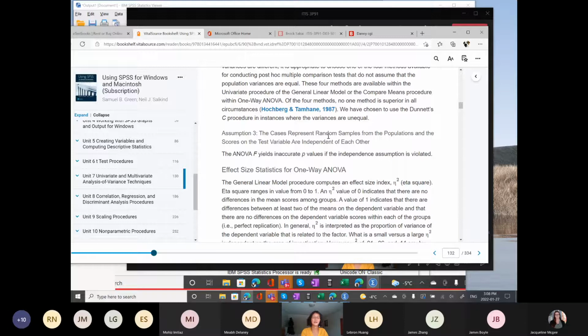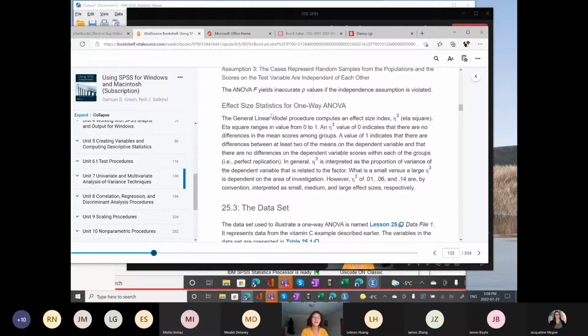For the effect size statistic, we usually use eta squared. Eta squared equal to 0.01 is a small effect size. If it is around 0.06, medium effect size. If it is 0.14, it is a large effect size.